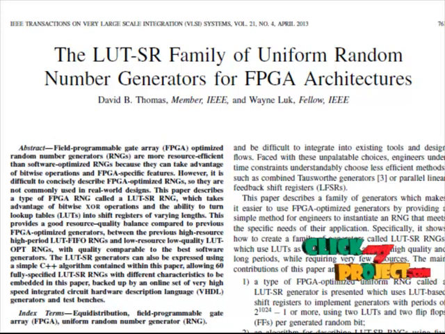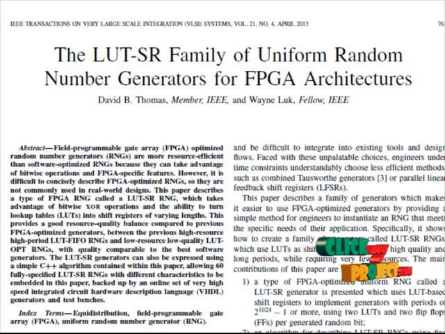Specifically, it shows how to create a family of generators called lookup table shift register random number generators, which use LUTs as shift registers to achieve high quality and long period while requiring very few resources. The main contribution of this paper is the LUT-based shift register, a type of FPGA random number generator with a period of 2^1024 minus 1, using 2 LUTs and flip-flops per generated random bit.